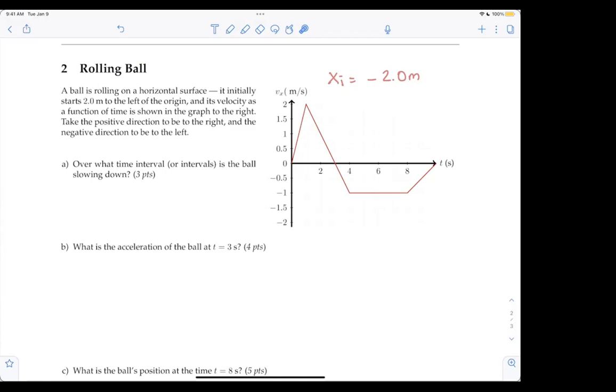I like to call these positive and negative, especially with a velocity graph. Anytime any portion of the graph is in this first quadrant, above the x-axis, then I have a positive velocity.